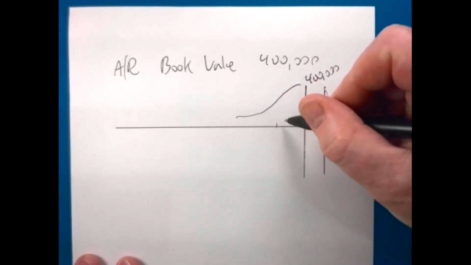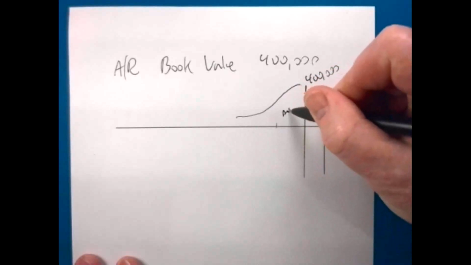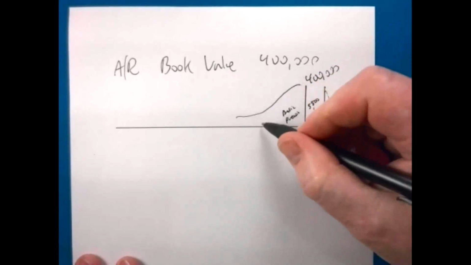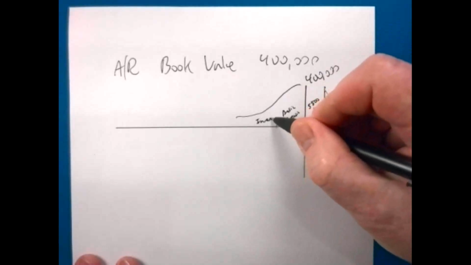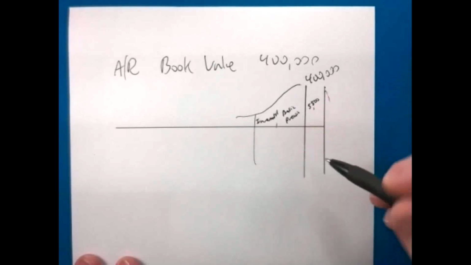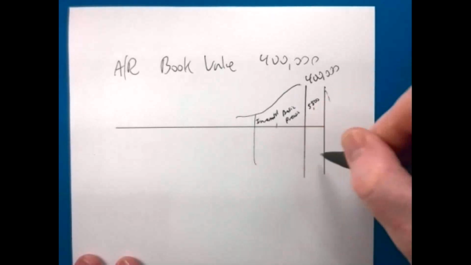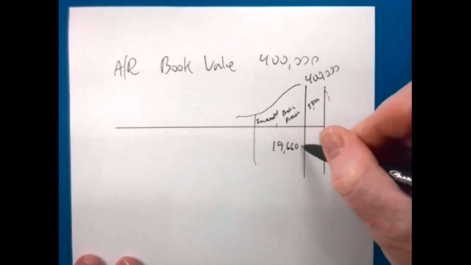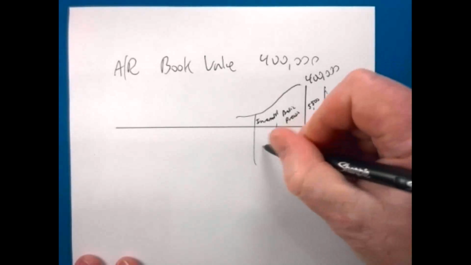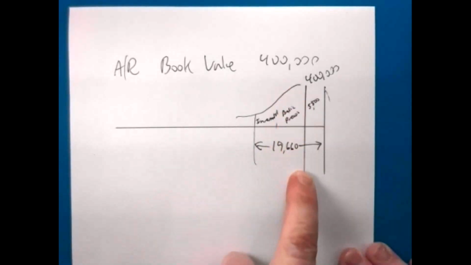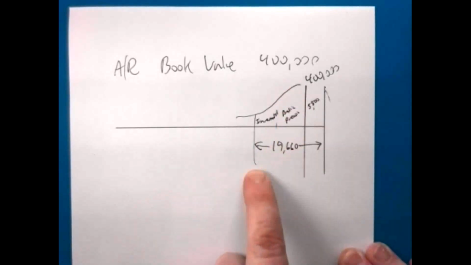We also have our basic precision and our incremental. Could have done that better. But anyway, it's possible that it could be off by a total of that. So our best estimate is that it's off by 5,500. However, it could be off by as much as 19,660.